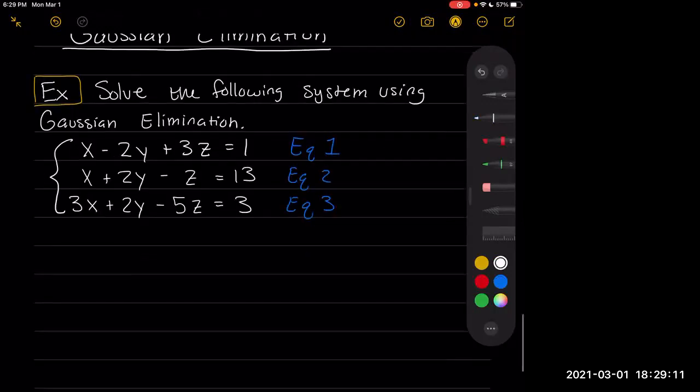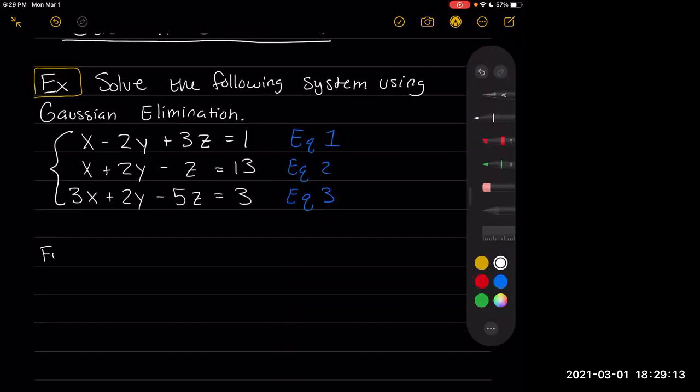So first, let's eliminate the x from equation 2. So to do this, we're going to subtract the first row from the second, or the second row from the first.